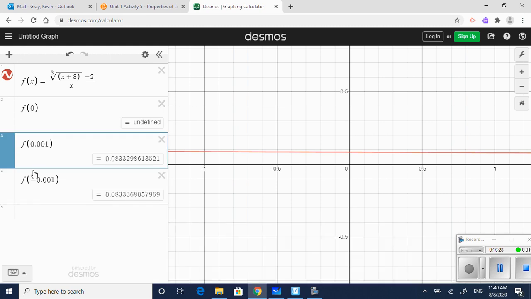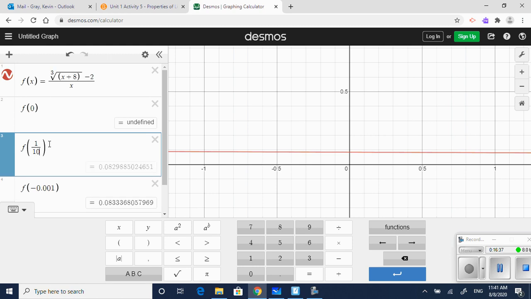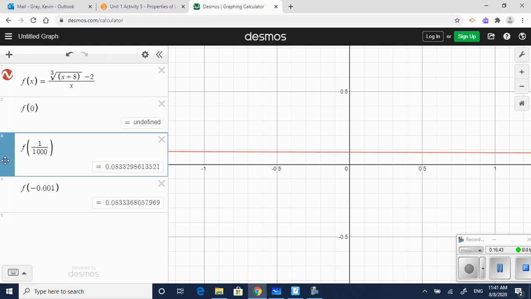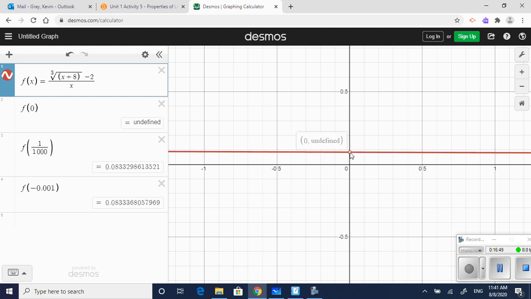If I change this to 0.001, so 1 over 1,000, I'd still get that. Same value here, and that's zoomed in. There's my undefined value, but there's my value, what did I say it was, 1/12? And I think 1/12 is about 0.08.